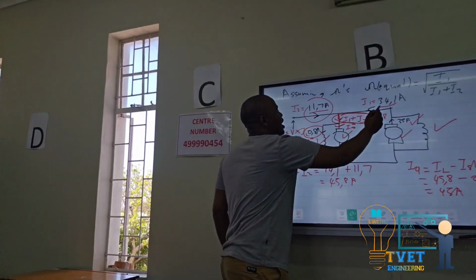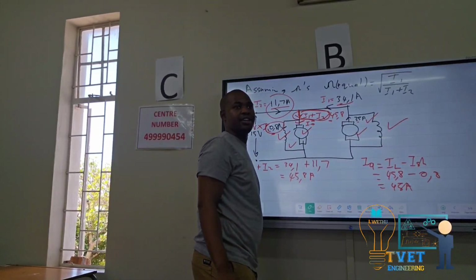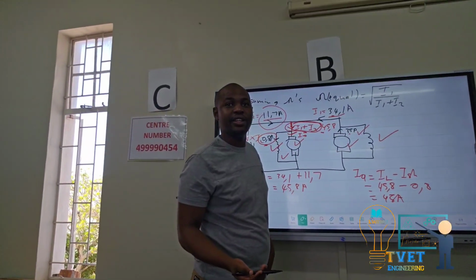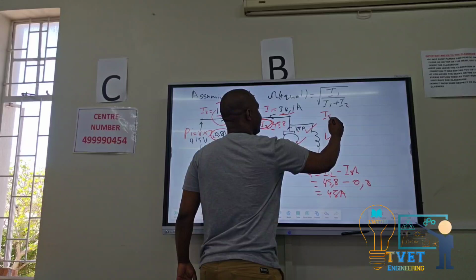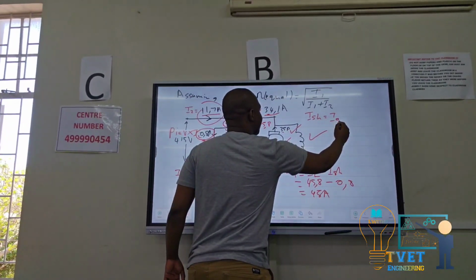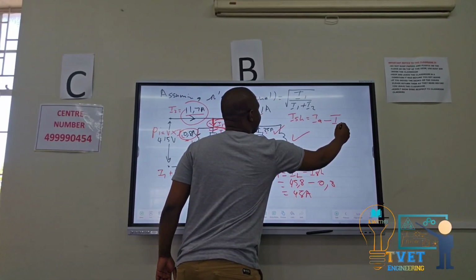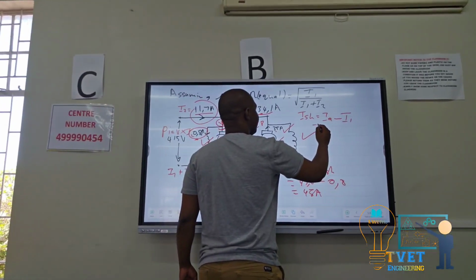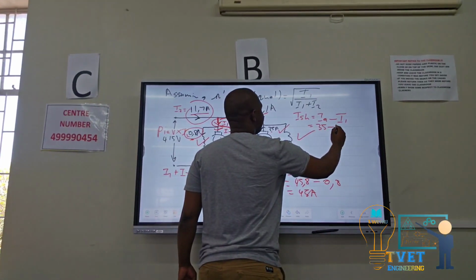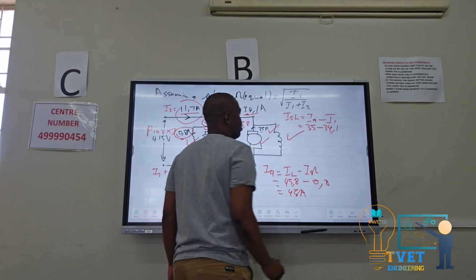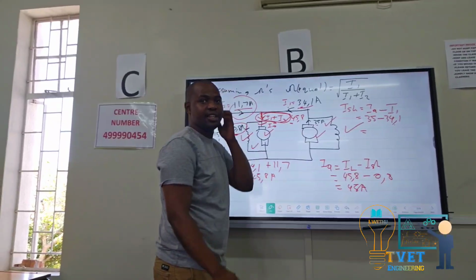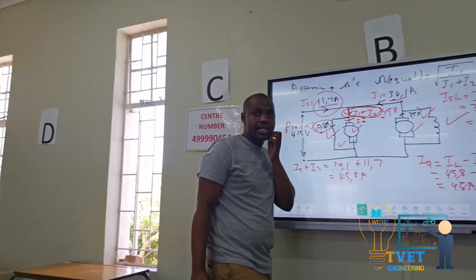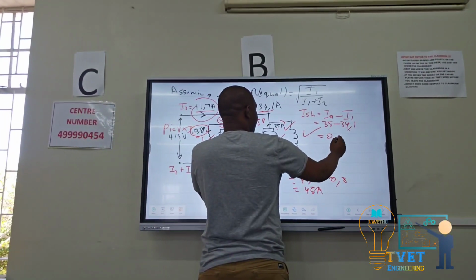Current flowing towards the junction is equal to current flowing away from the junction. So shunt current is Ia minus I1, which is 35 minus 34.1. So the shunt current of the generator, the current flowing here, is 0.9 amps.